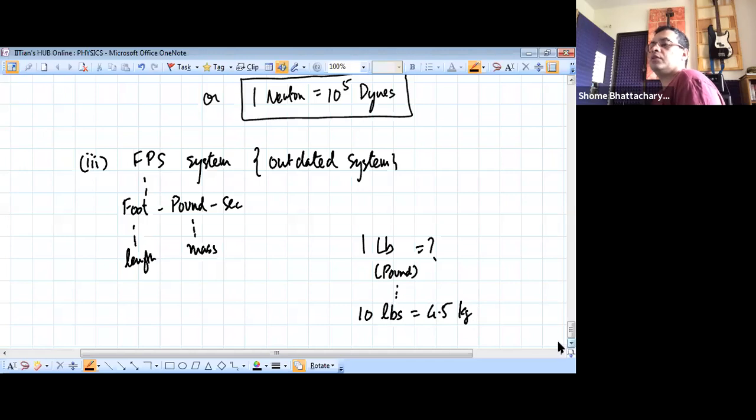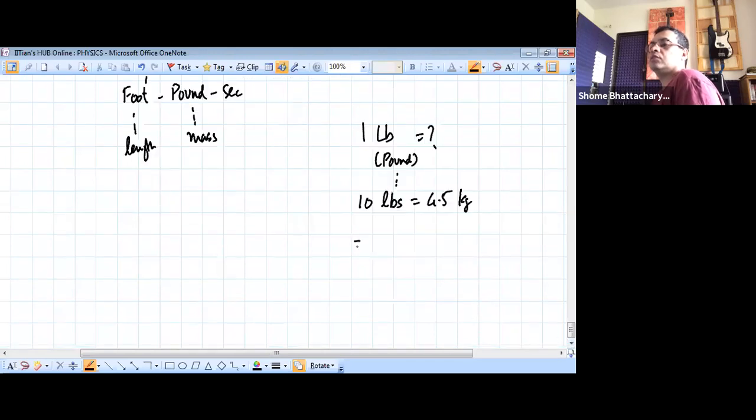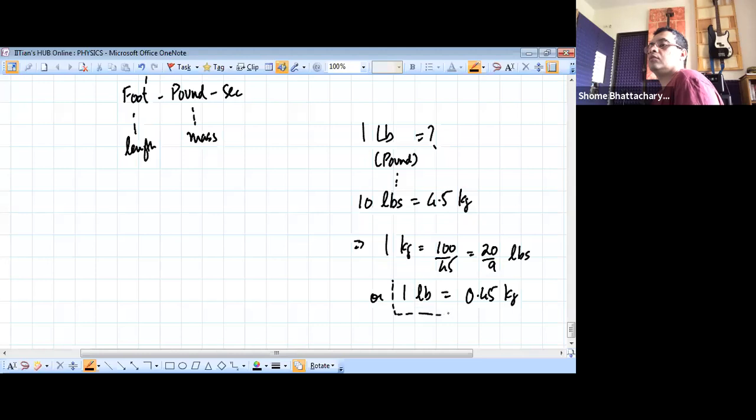In other words, 1 kilogram is equal to 100 by 45, or 20 by 9 pounds, or alternately 1 pound is equivalent to this many kilograms.